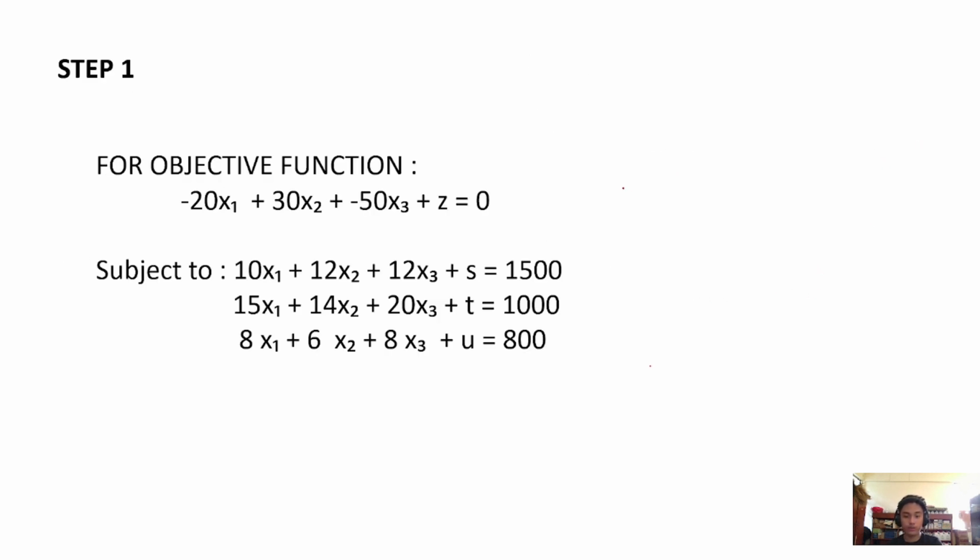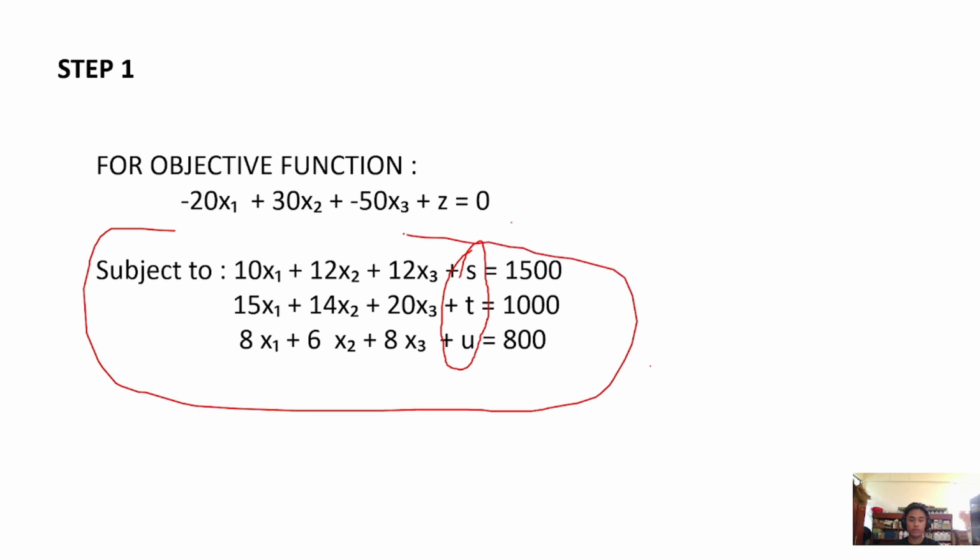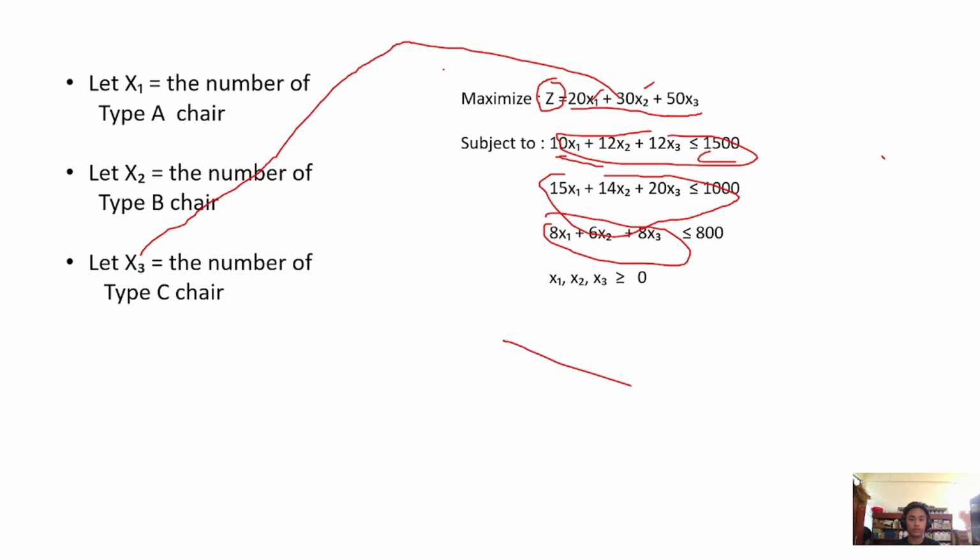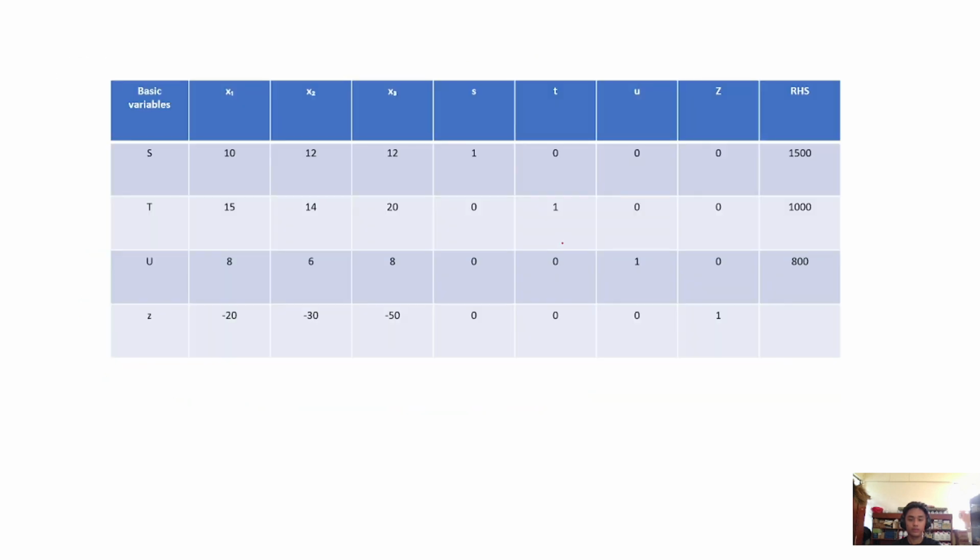Objective to. So, ito ma'am, naglagay na po tayo ng mga variable dito. Then, subjective to 2. Subjective to this. Kanina. And ito na yung W.